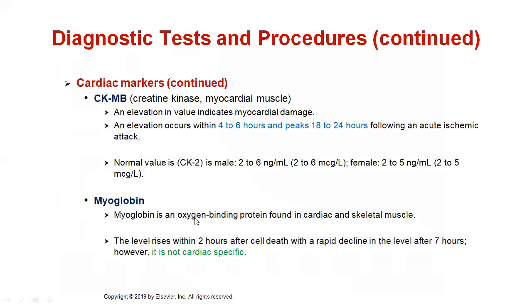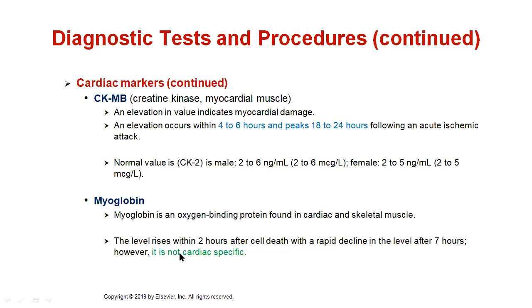Myoglobin is an oxygen binding protein found in cardiac muscle and skeletal muscle. The level rises within 2 hours after the cell death with a rapid decline in the level after 7 hours.